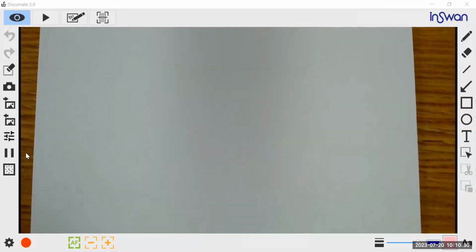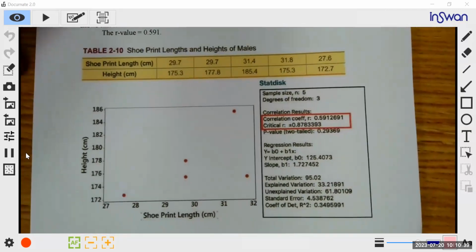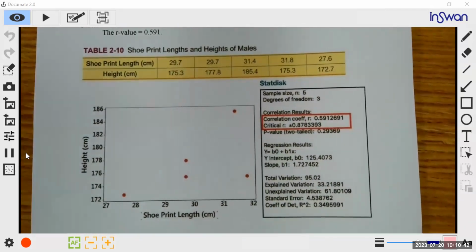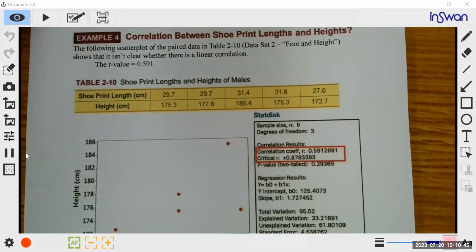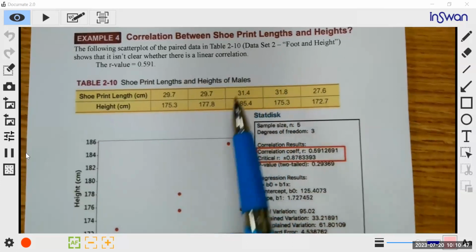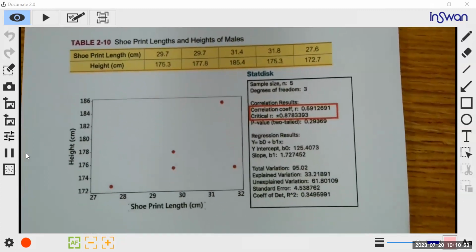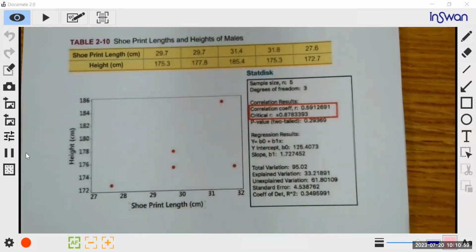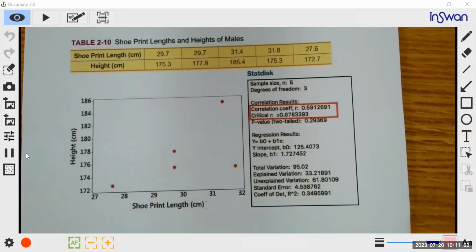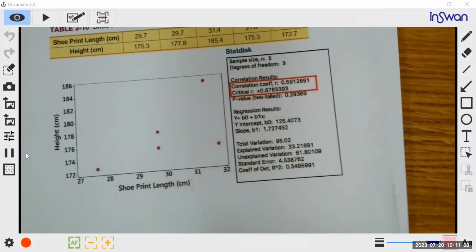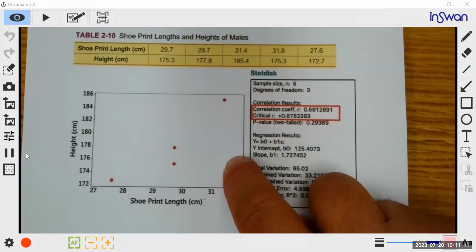So let's look at the data here. The following plot of data is from the data set in the back of the book. It isn't clear whether there's a correlation or not. Why not? Without this outlier here, it looks pretty good.